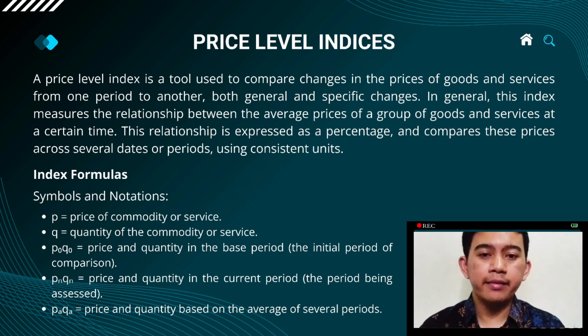The symbols used in calculating this index include P, which means the price of a commodity or service; Q, which means the quantity or number of commodities or services; P0, which is the price and quantity in the base period or the initial period of reference; Pn, which means the price and quantity in the current period or the period for which the index is being calculated; and Pa, which shows the price and quantity based on the average of several periods.